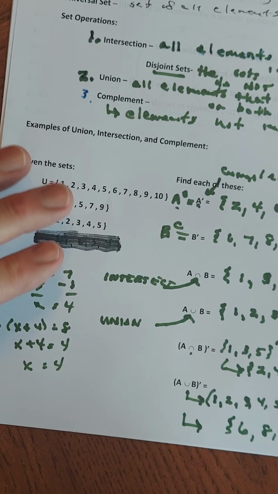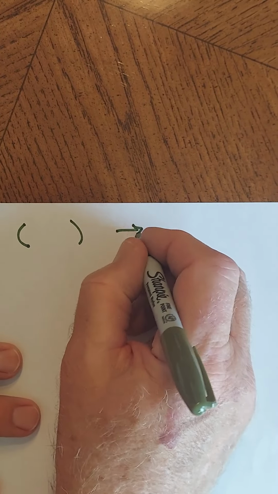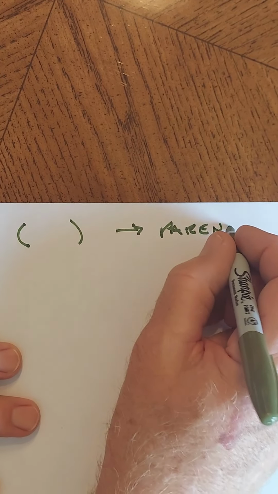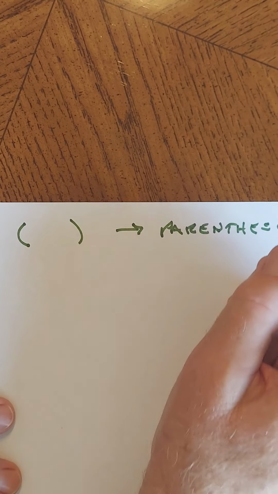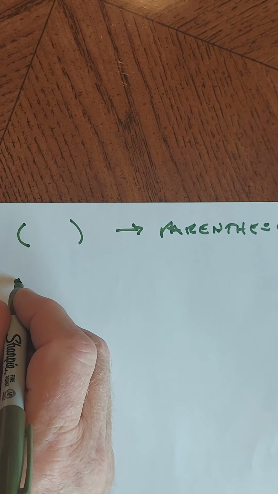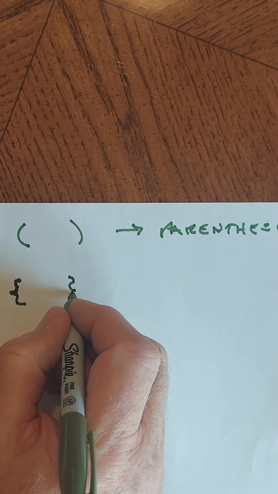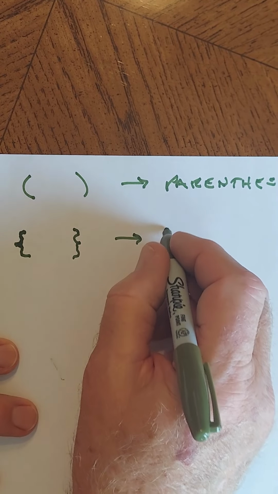By the way, if you haven't seen this before, I know most of you guys would probably say, well, it's all the same thing, but let's just talk about this a second. Okay, when they're rounded, those are called parentheses. These are called braces.